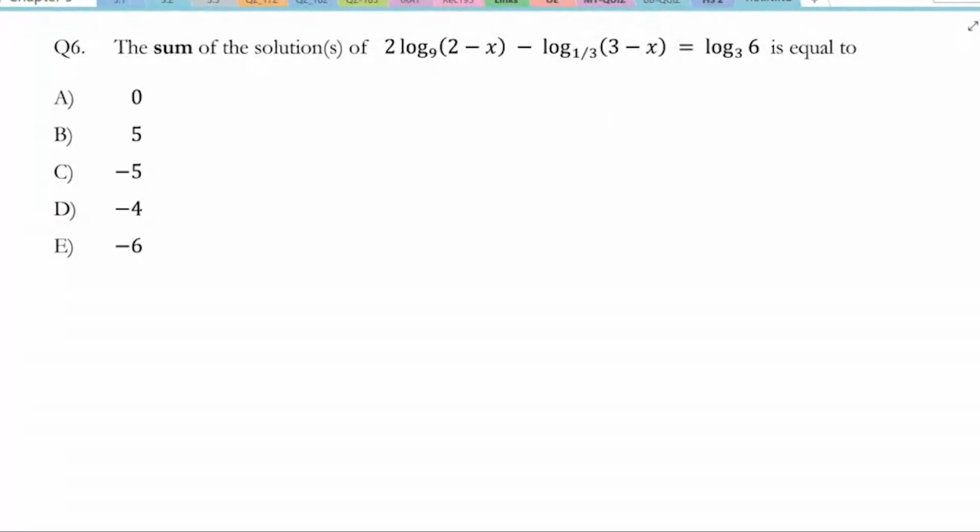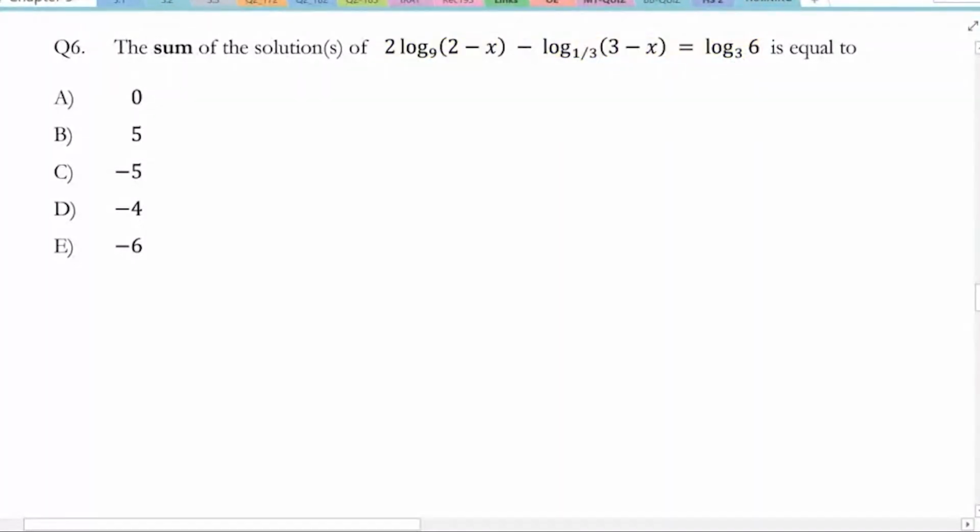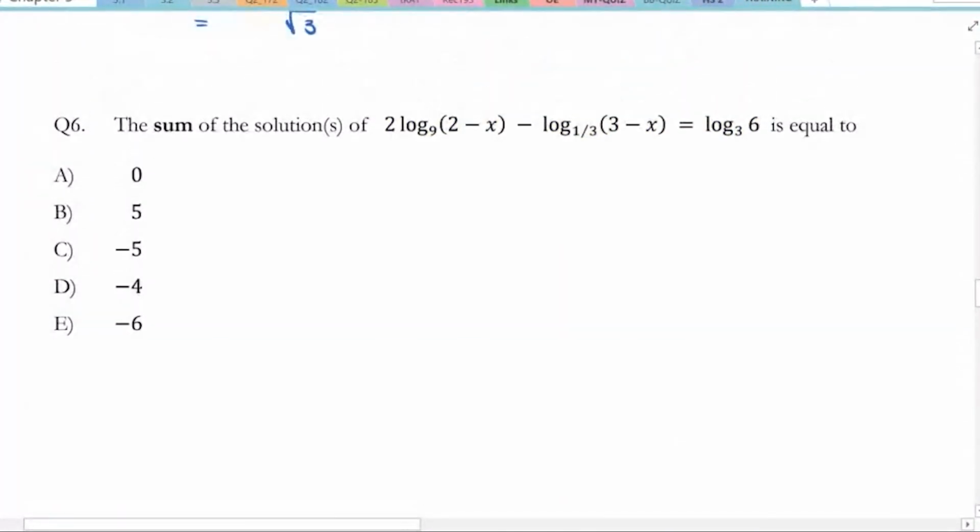Okay, now the question says the sum of the solutions. We know how to solve this type of question. The sum of the solution, here we have to write them to be the same base, because if they are not the same base, it will be difficult for us to be able to solve. Here we have a base of 3, which is good news. Here 1 over 3, and this is 9. So it will be better to change everything to 1 over 3 base, or 3 as a base. Whichever way is easier, it is better.